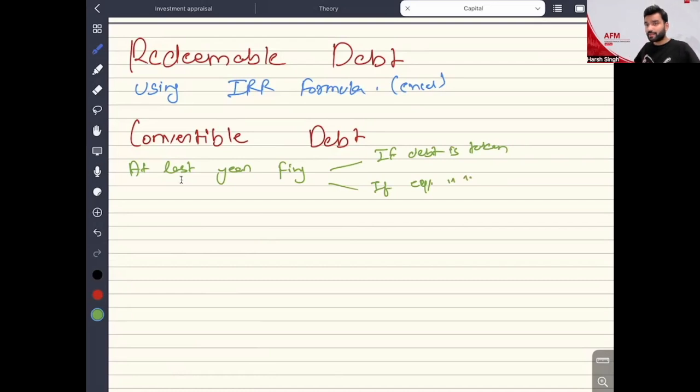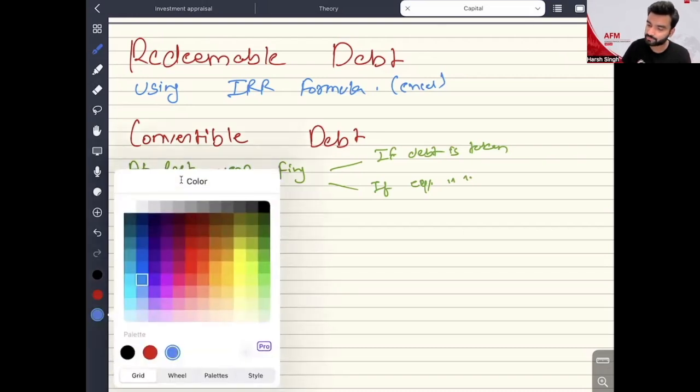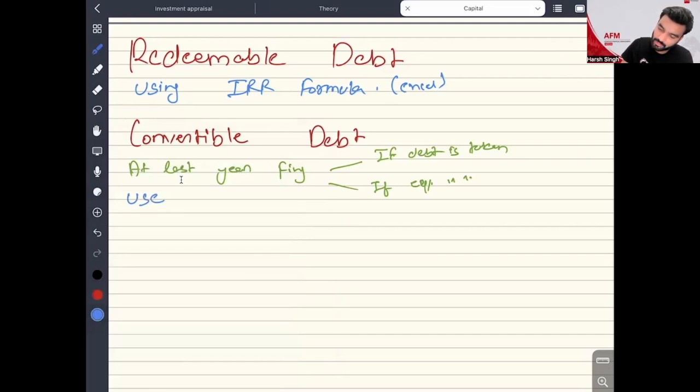So now you have to find out what the value will be. For that you have to find out whether I should take debt at the end or equity at the end. If you go with debt, find the value of your cost of debt based on that value. How to do so many things? This is something I'll solve in Excel. Again, you will be using the IRR formula. As simple as that.